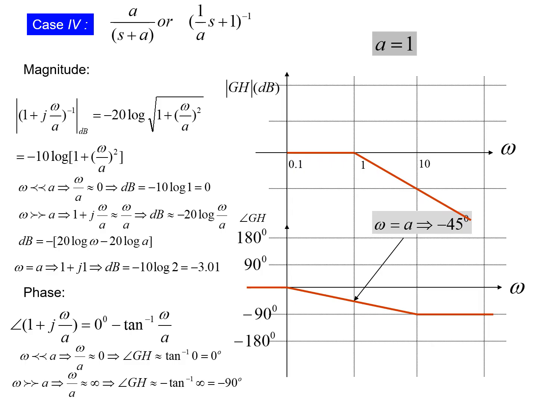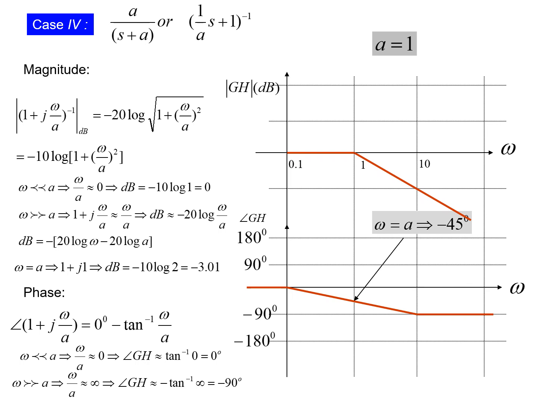Okay, then case 4. Case 4 is a per (s plus a), or (1 per a times s plus 1) power minus 1.